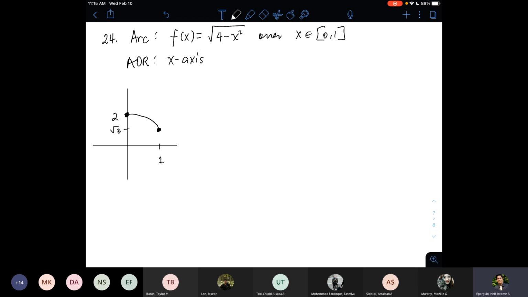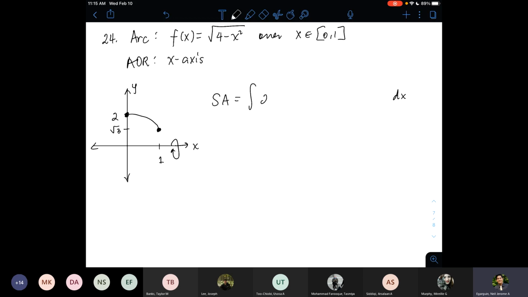So this is the arc that we are considering, and we want to revolve it around the x-axis. That's the axis of revolution. Now, for the surface area, this would be an integral, and let's use the variable x to take advantage of the function being given in terms of x.